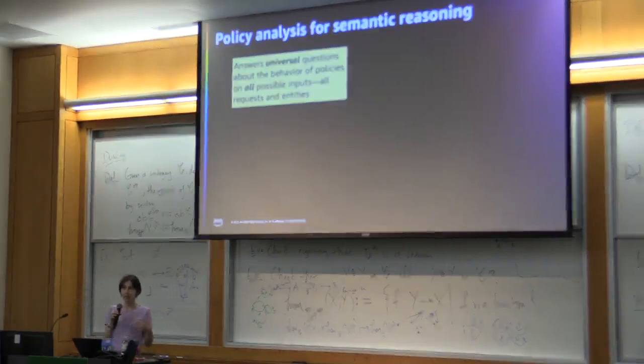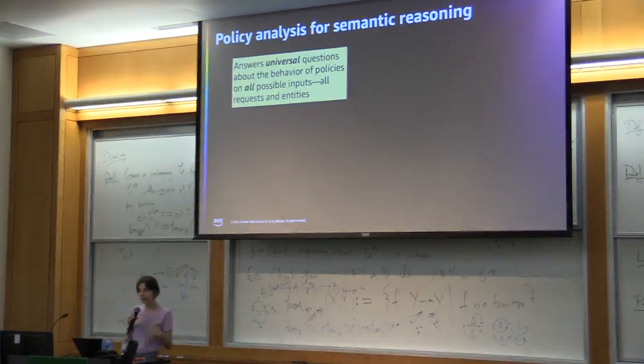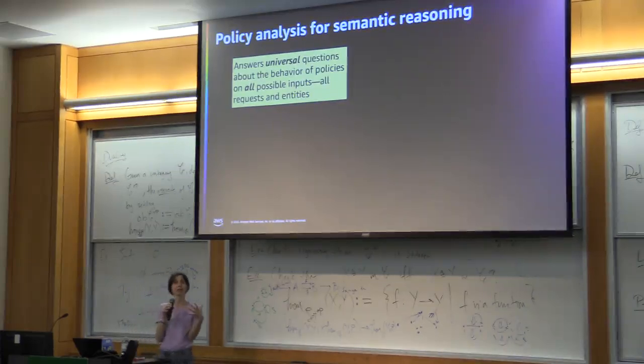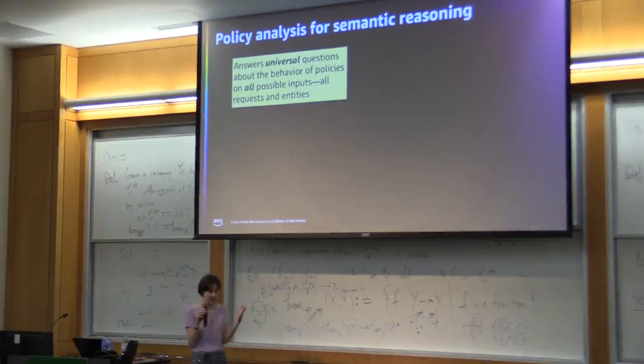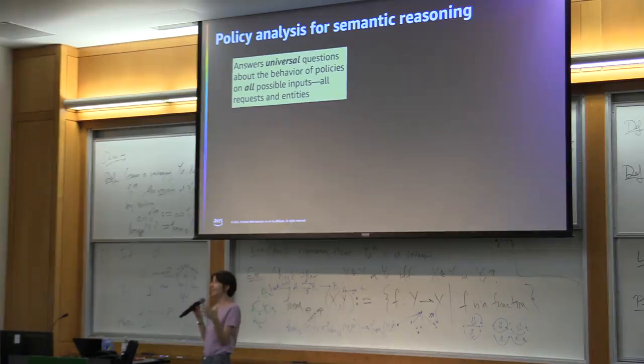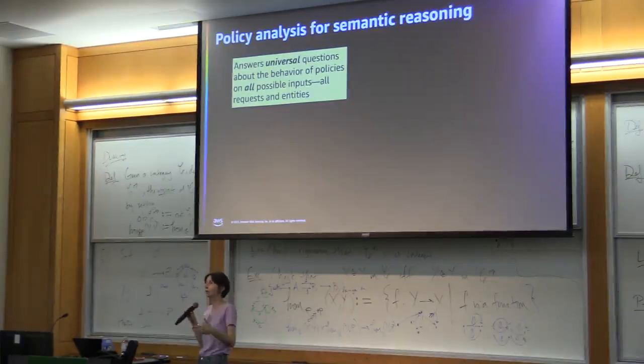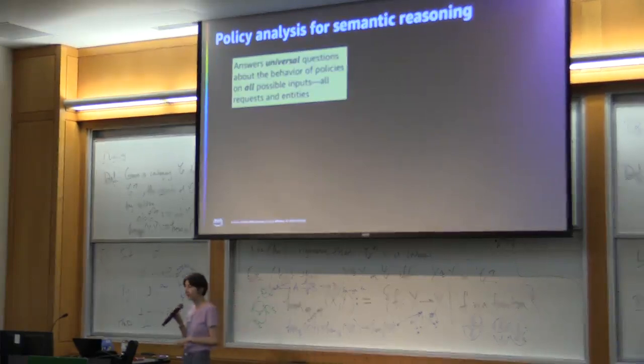So for that, we use SMT-based policy analysis, and that's going to answer universal questions about the behavior of a set of policies, right? Universal question means you know, can you check that for the infinite set of all possible entity store states and all possible requests, this property that I care about actually works, okay?